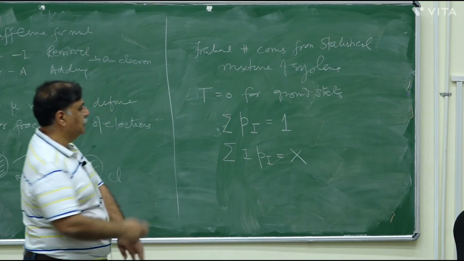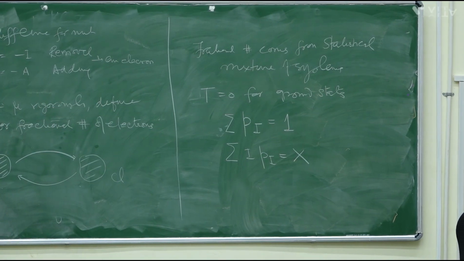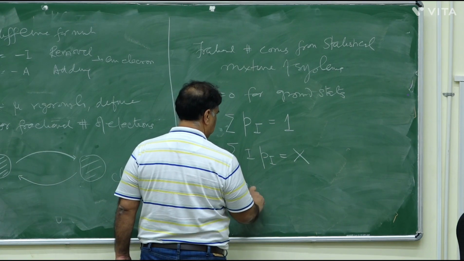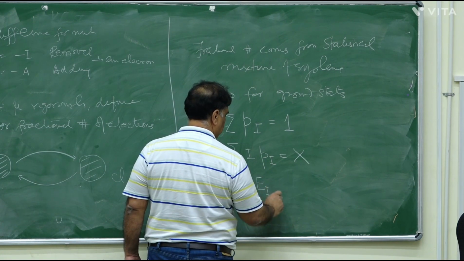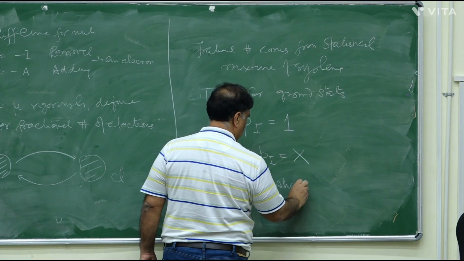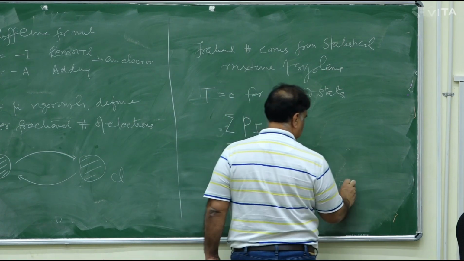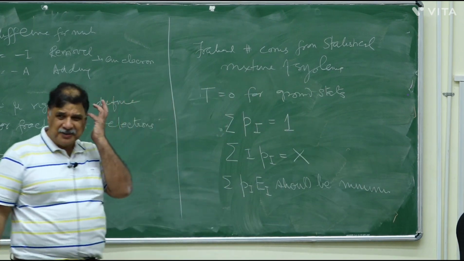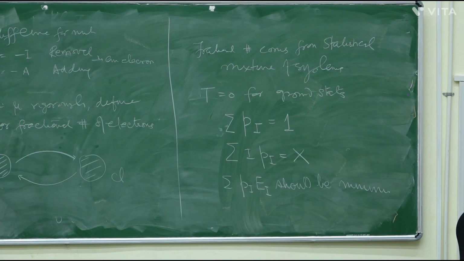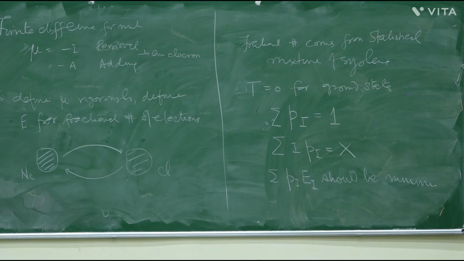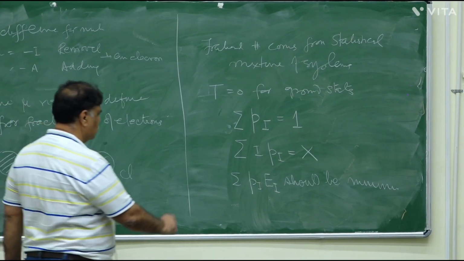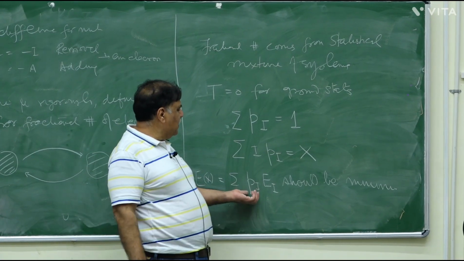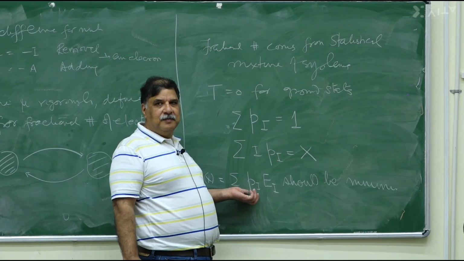And I want to minimize the summation of P_i E_i. I'm asking a very funny problem. This is a funny problem because you see E is depending linearly on P_i. Let's call this E_x.